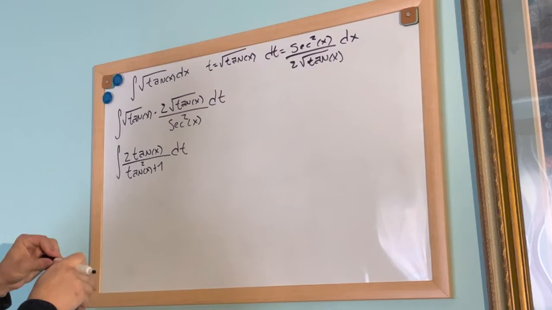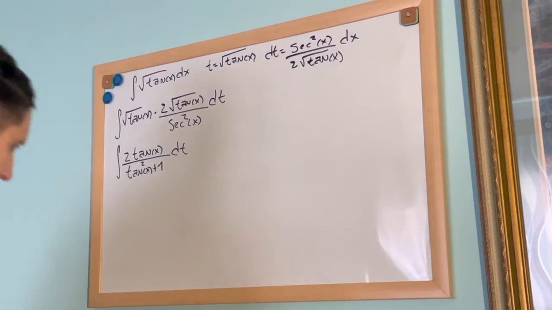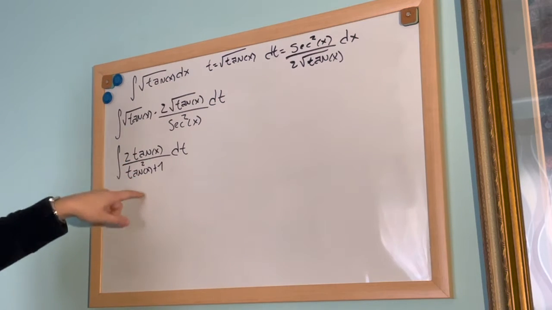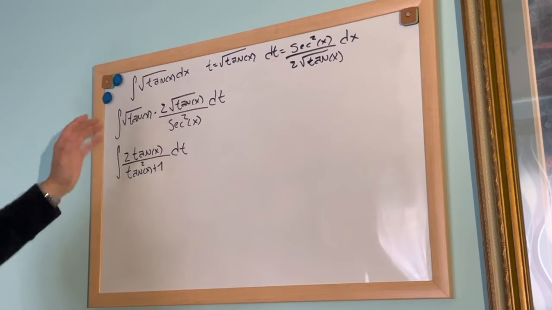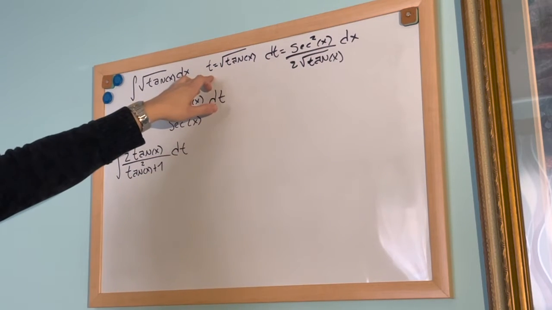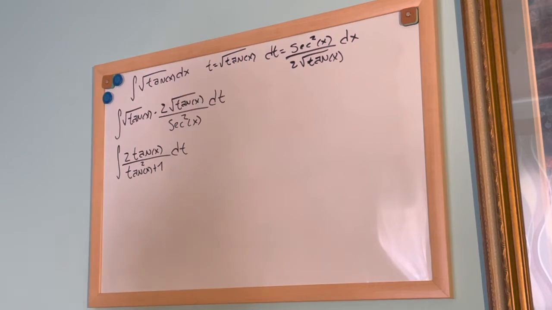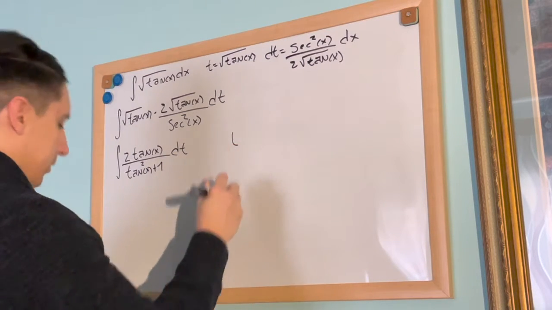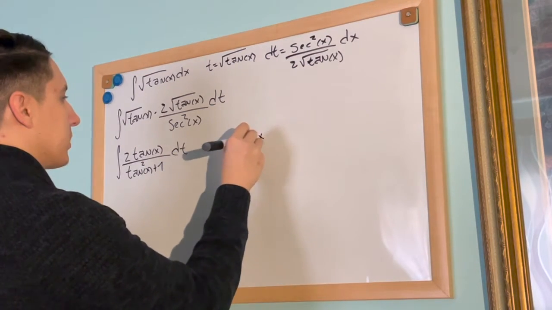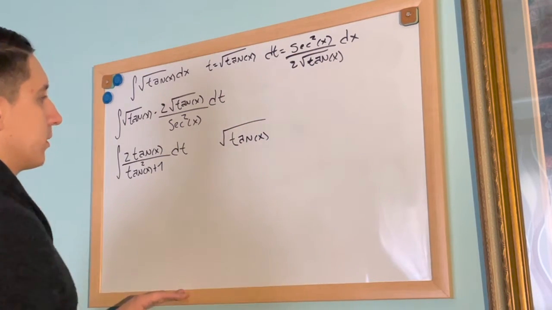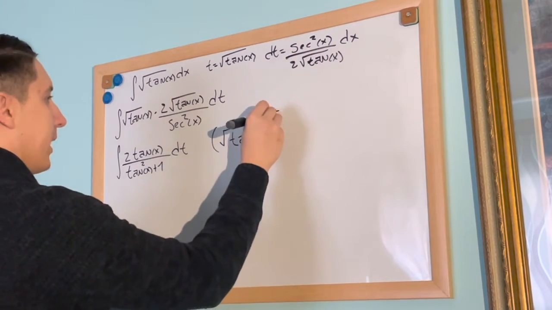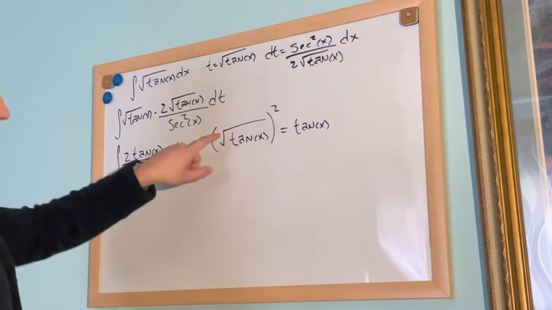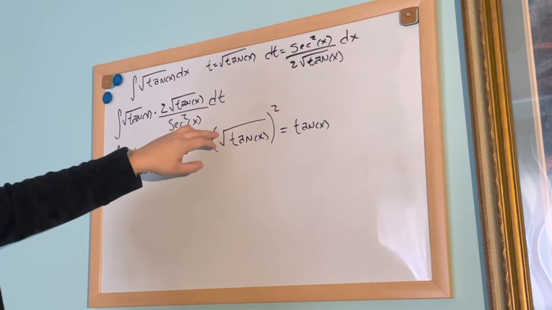What we can do now is simplify this some more. So we have the tangent terms here. What can we do? We know that our t is equal to the square root of tangent of x. The interesting thing is that if you square the square root of the tangent of x, it's the same thing as just the tangent of x, because the square undoes the square root.